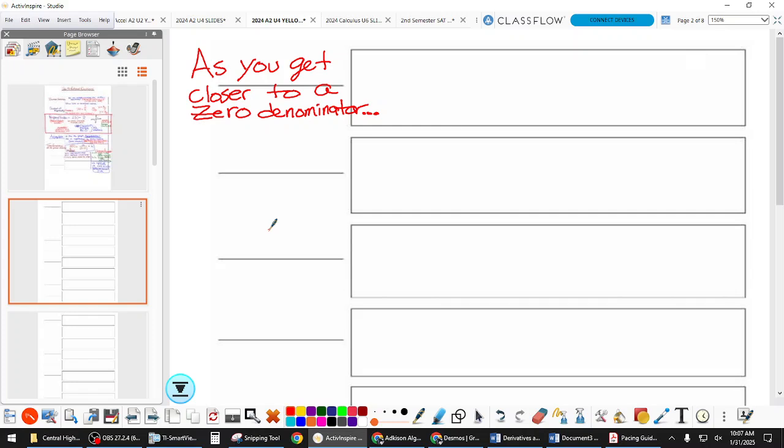Okay? So dividing by a smaller and smaller number, think about pieces.